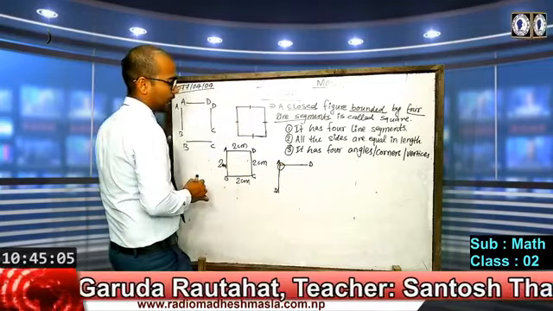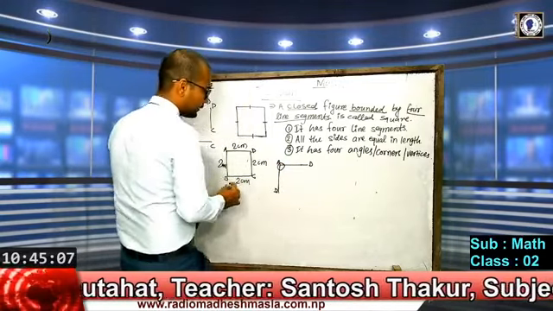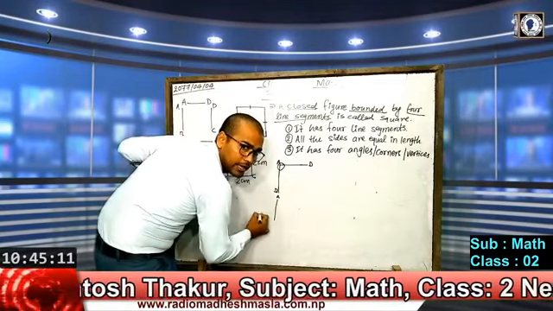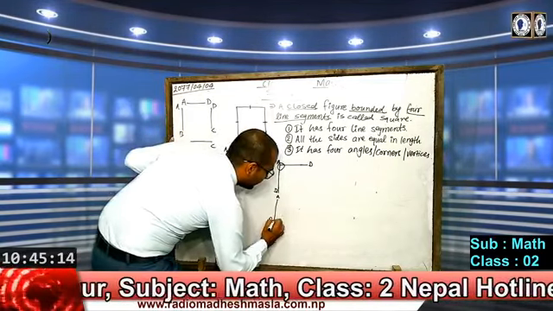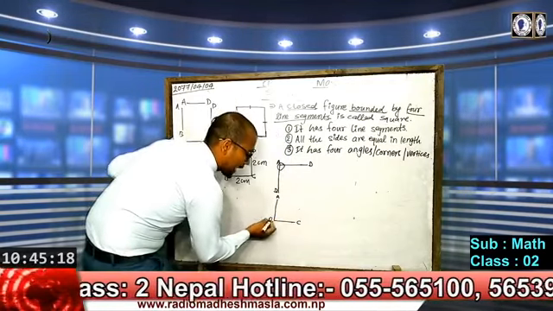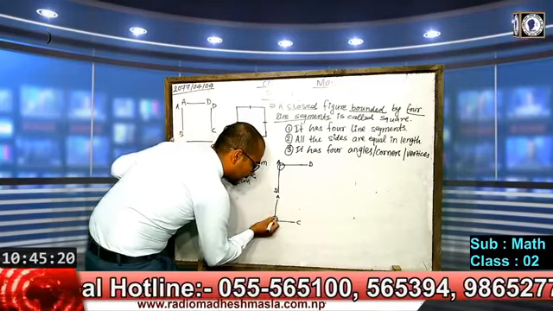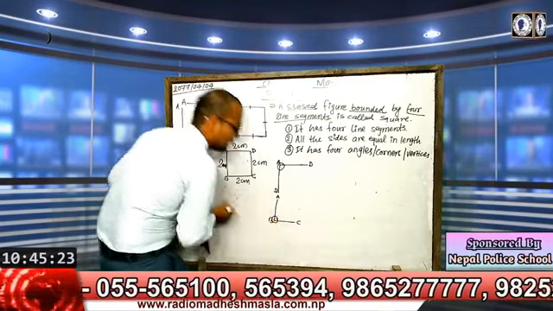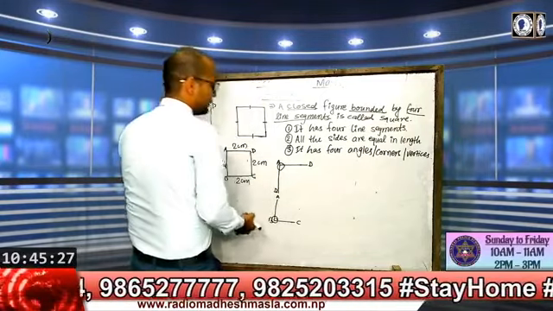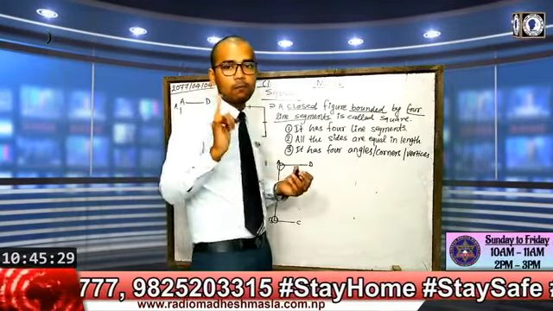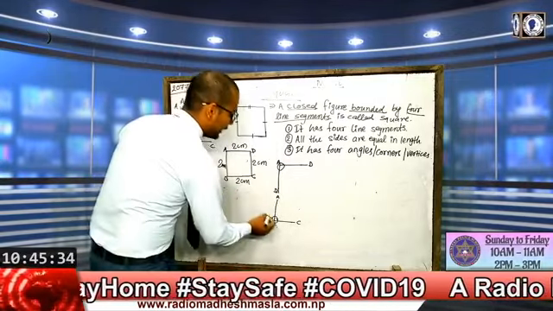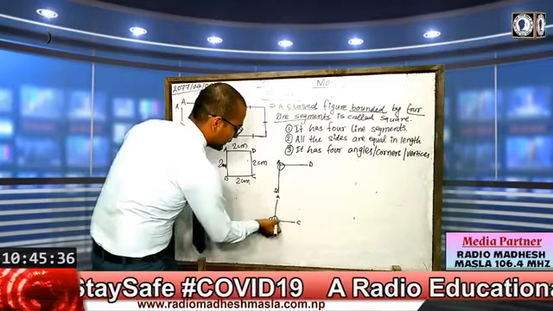Then we join AB and BC, and it again forms a corner, a vertex, because the 2 lines meet at a point, and that point is known as a corner.